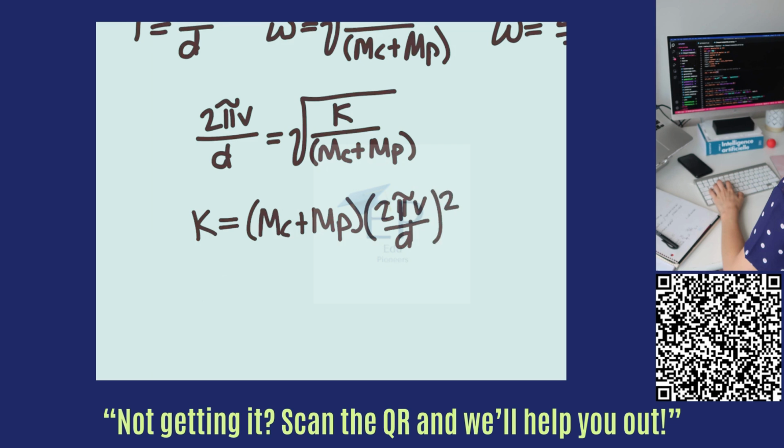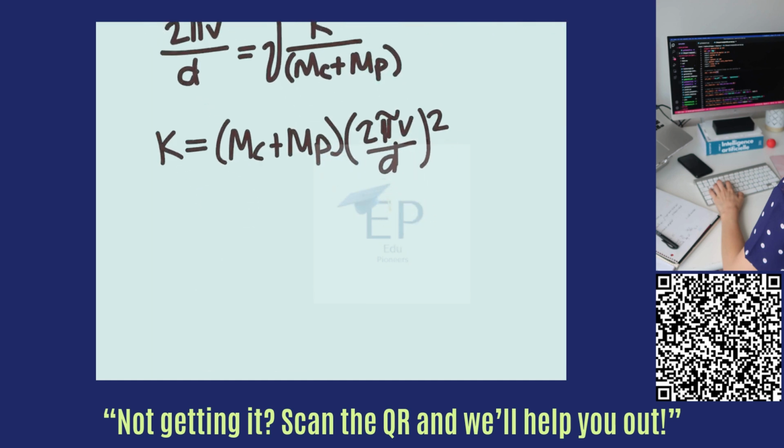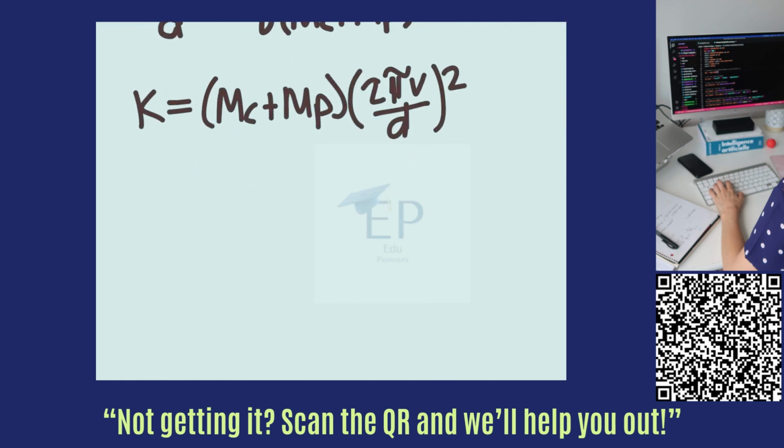squared. Okay, so now thinking about the displacement, the vertical displacement of the car initially is the force of the mass and the force of gravity.